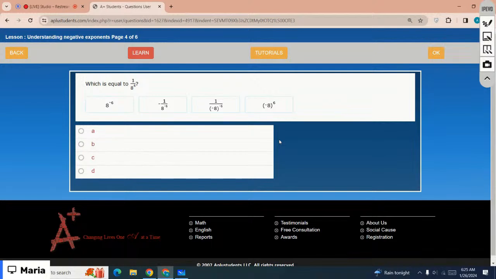The correct option is option number 1, right? You can write it with a negative exponent, that would be 8 exponent negative 6. Option number 1 is the correct option.